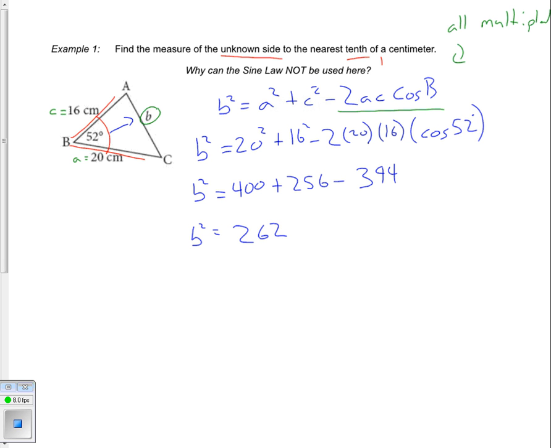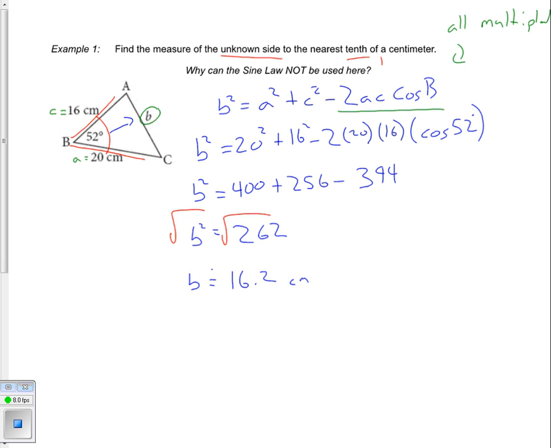So just like we did with Pythagorean theorem, the opposite operation of squaring something is to take the square root. So we're actually going to take the square root of both the right and the left-hand side here. Okay, and so the square root of 262 is approximately 16.2. So, to the nearest tenth of a centimeter, side B is equal to 16.2 centimeters.